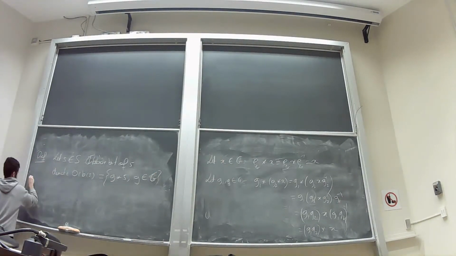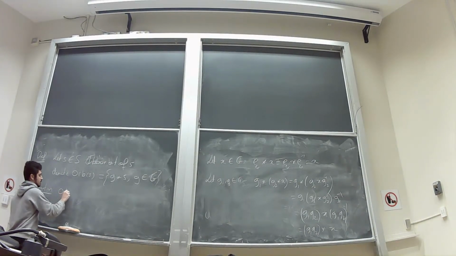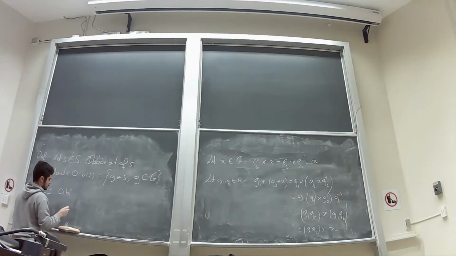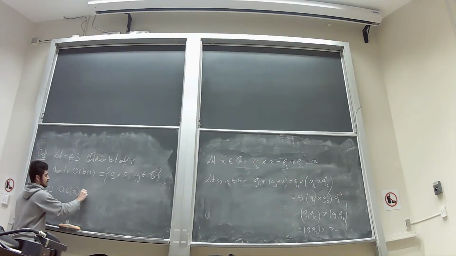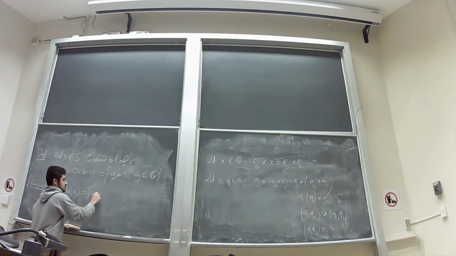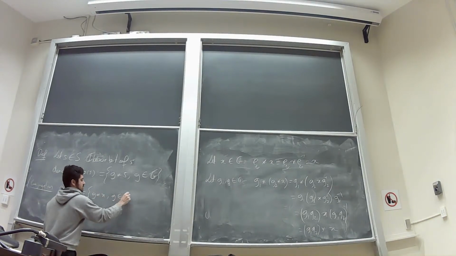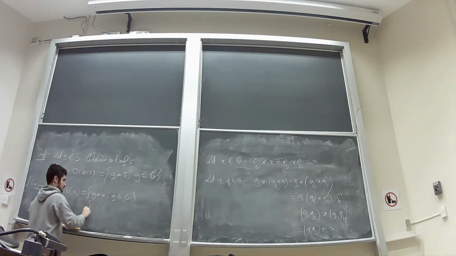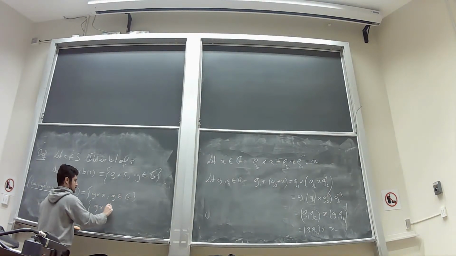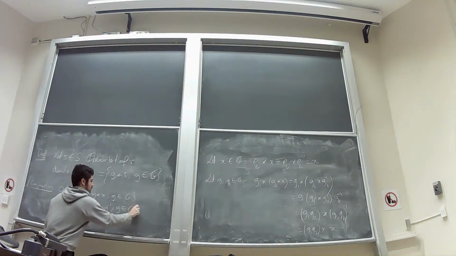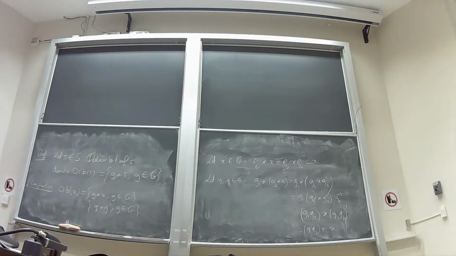Let's get back to the conjugation. The idea is that, let's look at conjugation. What is the orbit of an element x in G? This is just g star x as g ranges in G. So if I'm taking g star x to be the conjugation, what is the orbit of x?